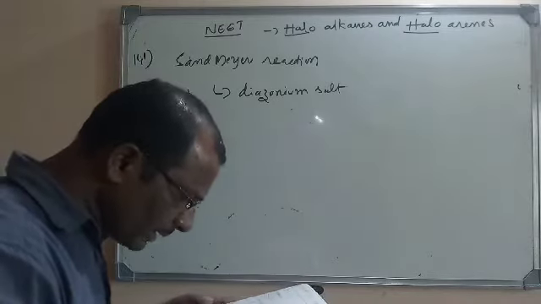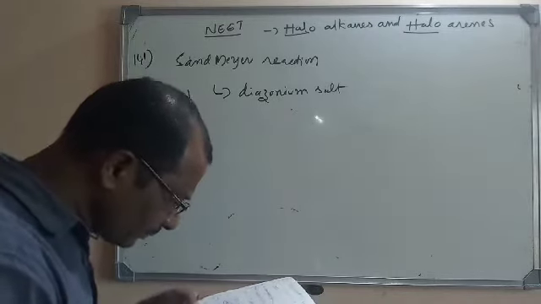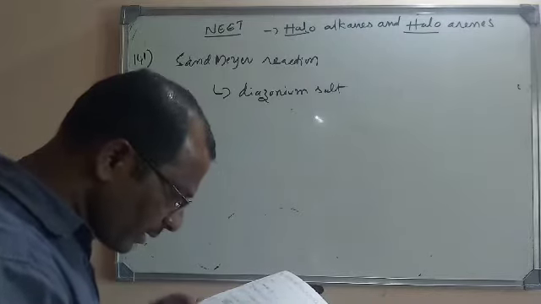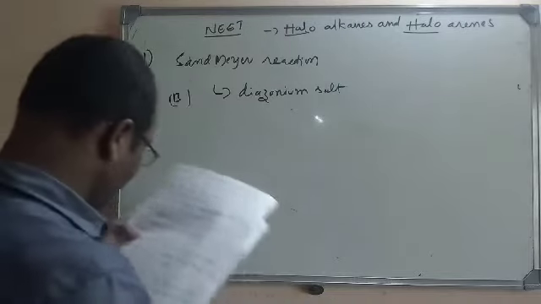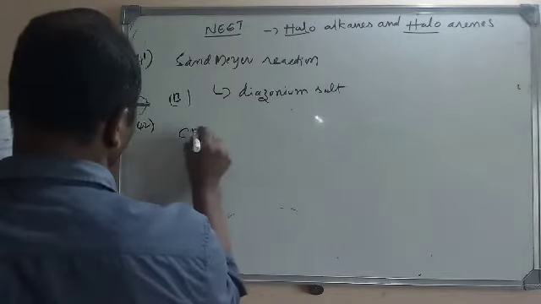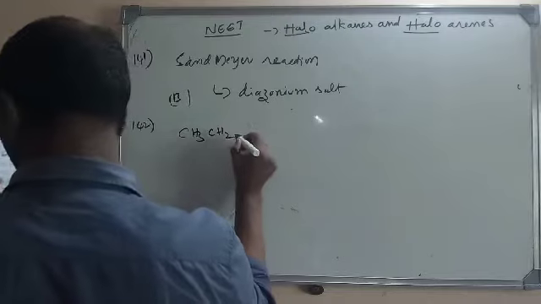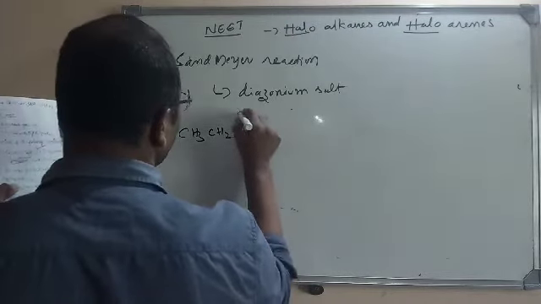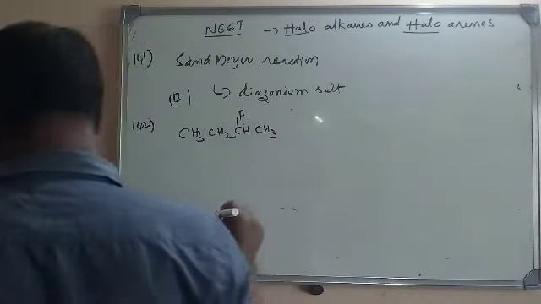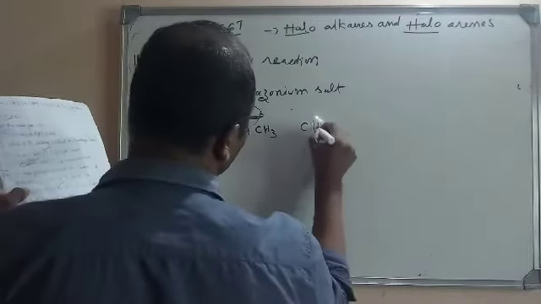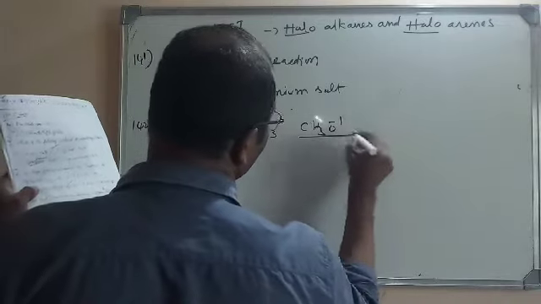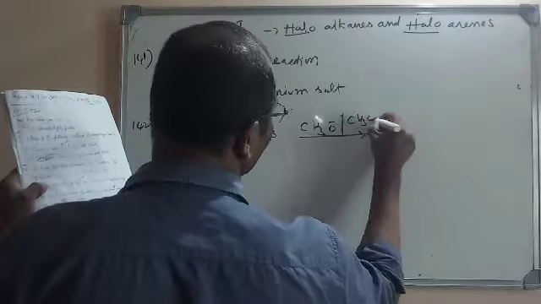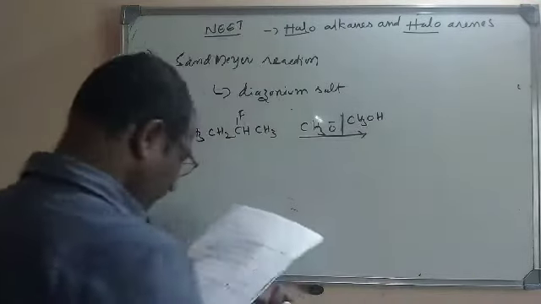The major product obtained on treatment of CH3CHFCH2CH3 with CH3O minus and CH3OH. Here one reactant is given, CH3CH2CHFCH3, treated with the methoxide ion, and here the solvent is alcohol, CH3OH.